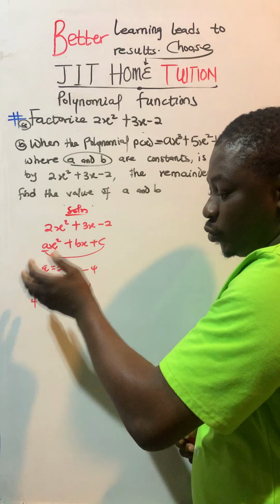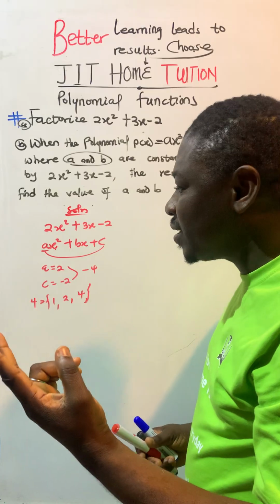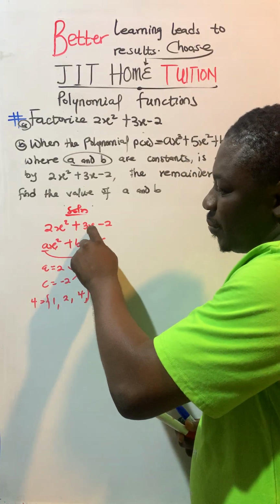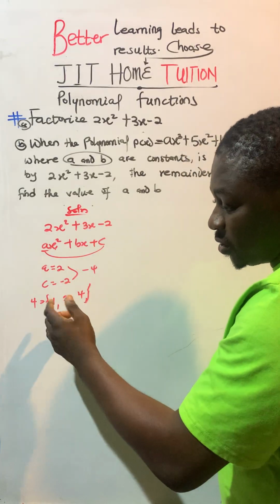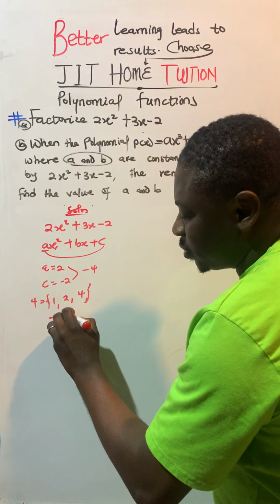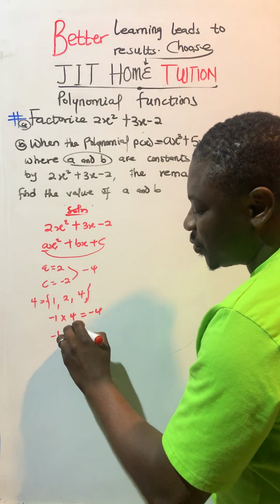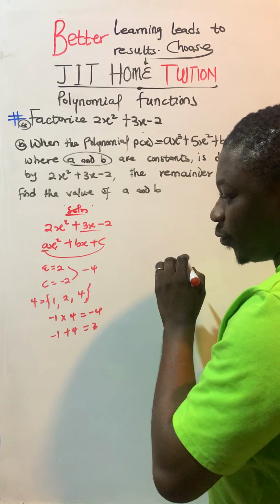So in this case, it should give you -4. And those same 2 numbers, when you add or subtract, should give you the middle term. So obviously, you can see that it's 1 and 4. So -1 times 4 will give you -4. -1 plus 4 will give you +3, as you have over here.